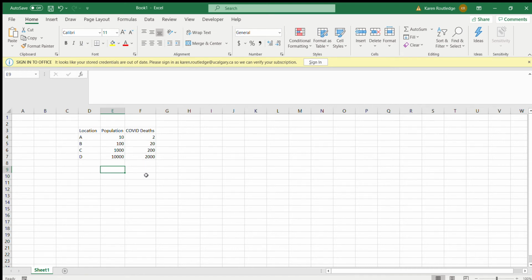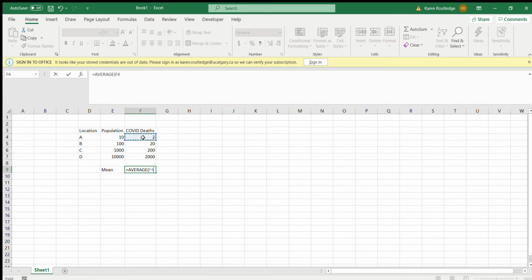So we could imagine asking a question such as, well, what is the mean number of deaths across these locations? So we're just looking for a mean, and by mean, unless we specify, perhaps we go the easy way and just calculate the average. So this is an equally weighted mean, the normal average, the average you would have done before taking Math 105.